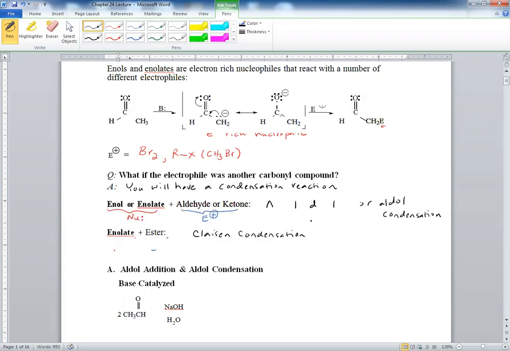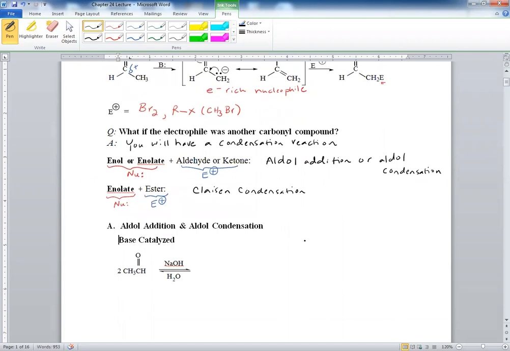So make sure you know the distinction. This is an important distinction. We're going to focus only on 3 reactions, but they are big reactions: Claisen, aldol, and the Michael addition. So this is the focus of this chapter.